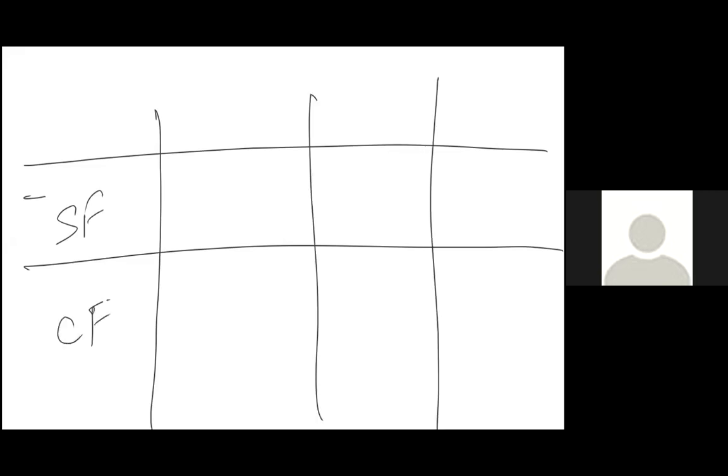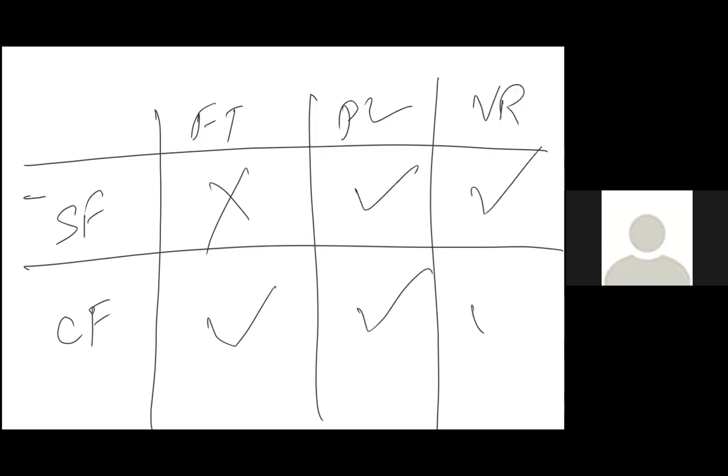So we will go back to our situation, right? Standard field, custom field, three different ways we have seen. In the standard field, in field type, I cannot make changes. A custom field can be made mandatory. Page layouts can be made mandatory. Validation rules can be created on both standard and custom fields.